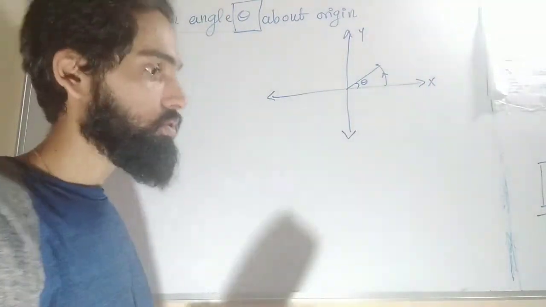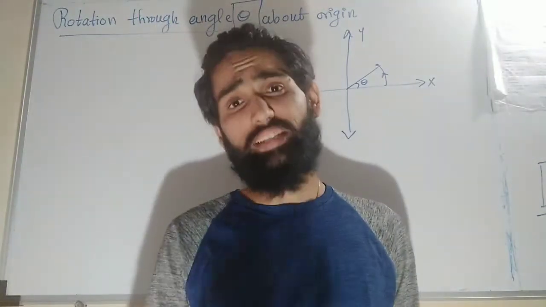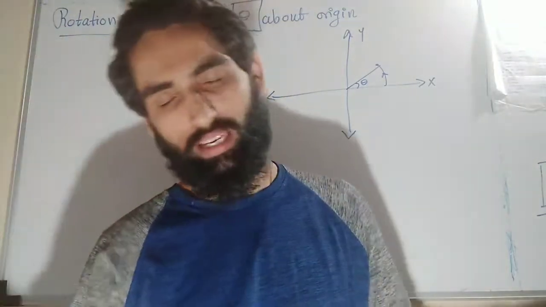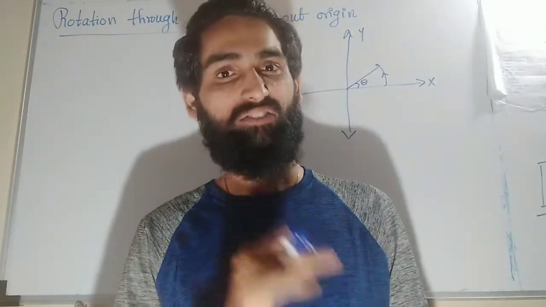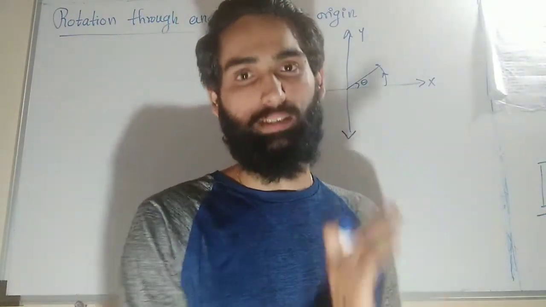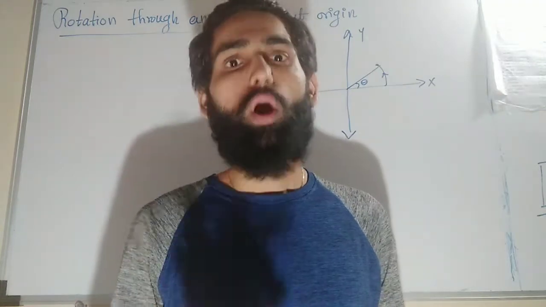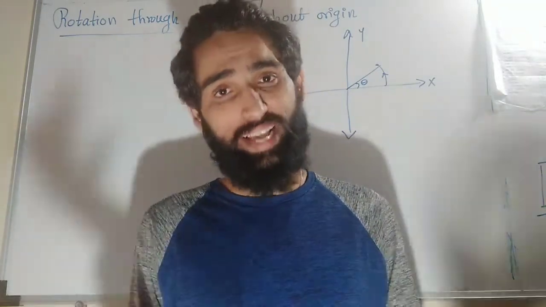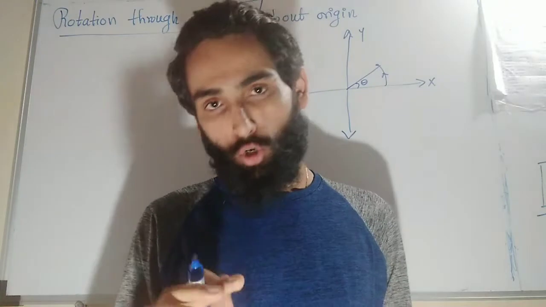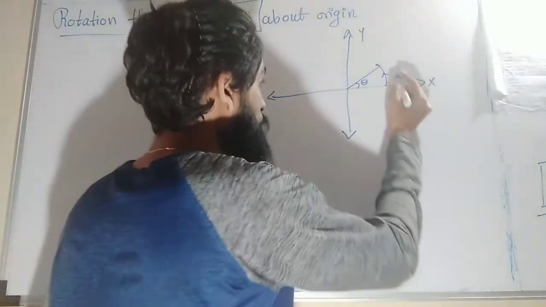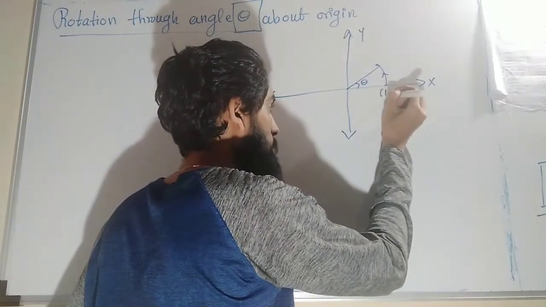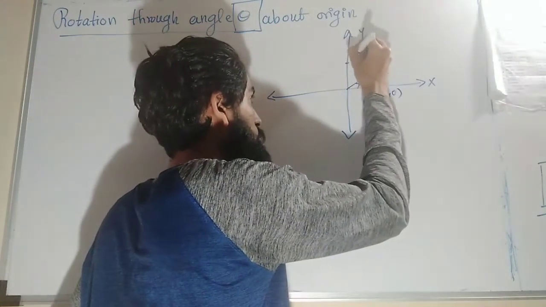Also we know that any linear transformation could be completely determined by its values on a basis. That means if I want to know how my rotation works on the entire R2, it is enough for me to know how it works on E1 and E2, where E1 is nothing but 1, 0 and E2 is nothing but 0, 1.